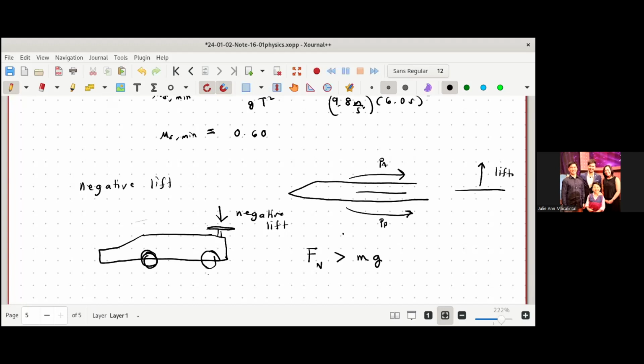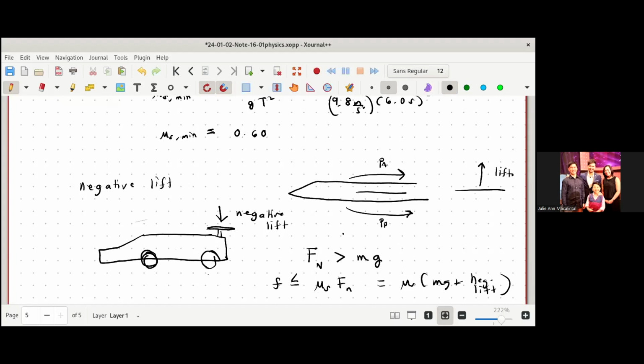So, since mas malaki yung normal force, anong effect nun? Yung friction, diba, yung maximum static friction is going to be mu s Fn, which is mu s mg plus yung negative lift. And because mas mataas ngayon yung frictional force na napoproduce, the car can accelerate more.